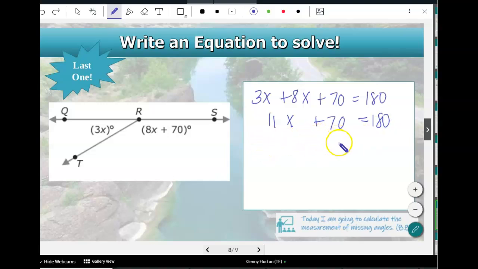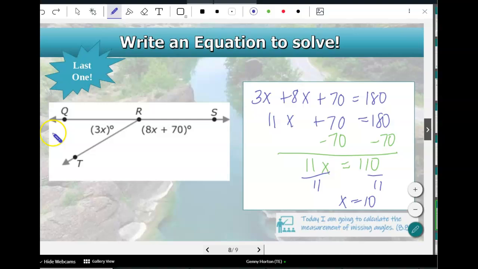And then we're going to do a two-step equation. So we're going to subtract 70. And we get 11x. 180 minus 70 is 110. We're going to divide by 11. And x is equal to 10.